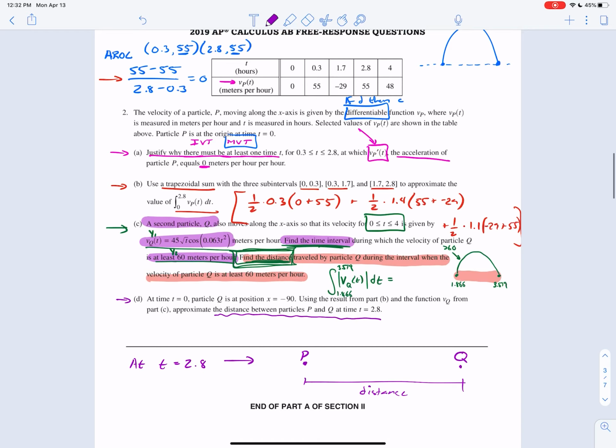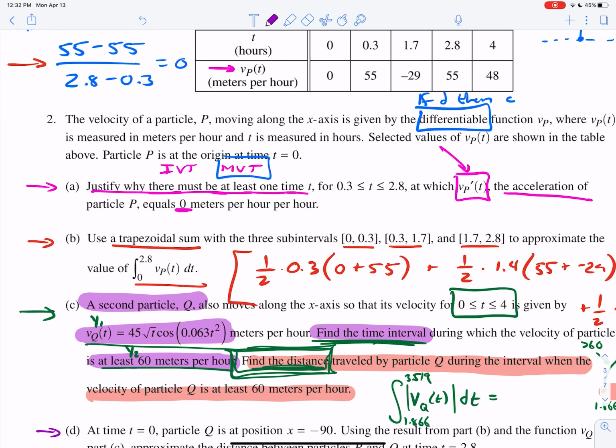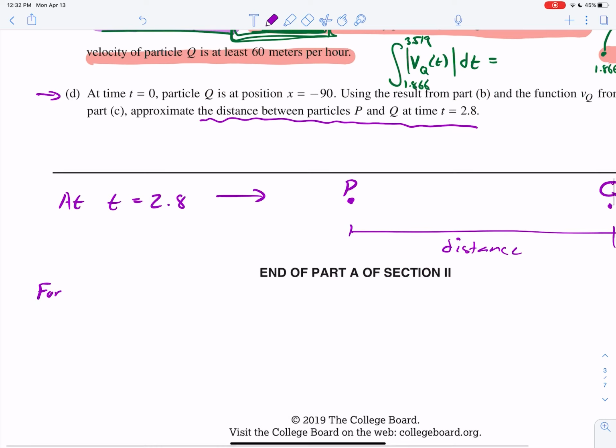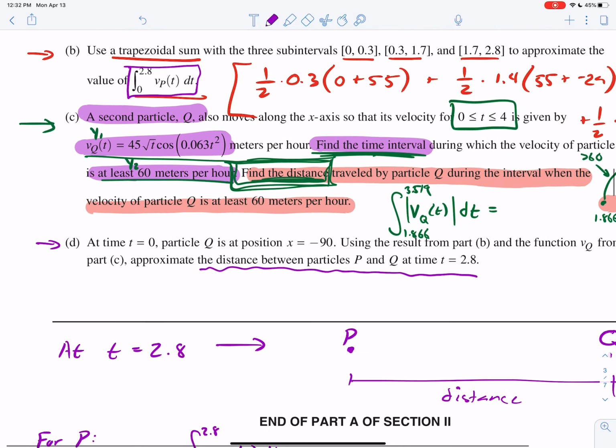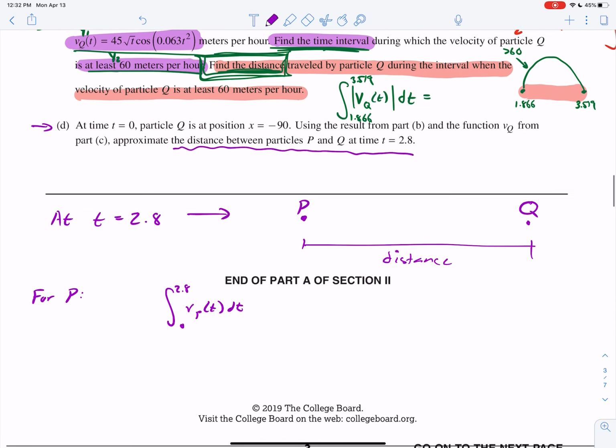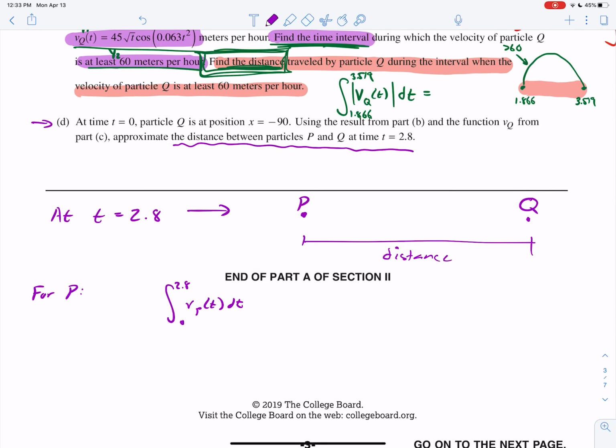Notice how it says that we want to use part B here. Let's go back to part B. We just integrated v of p, the velocity of particle p. When you integrate v, you go back to position. So let me write this out. For p, if we integrate from 0 to 2.8 the velocity of p of t, which is our trapezoidal approximation, that just gives us our accumulation.